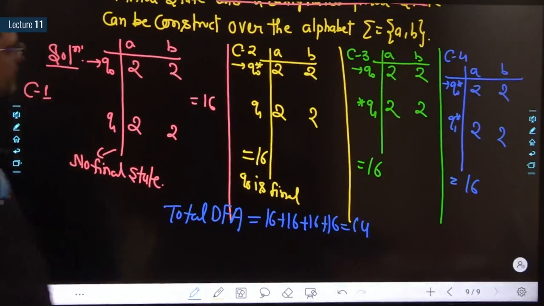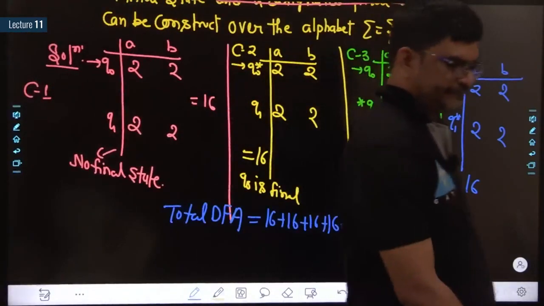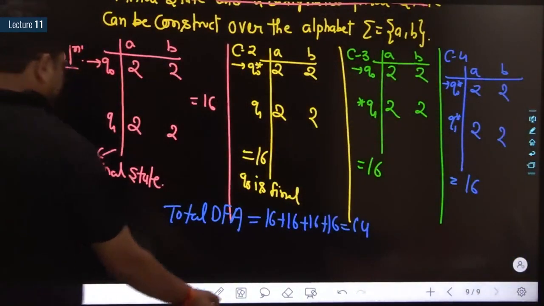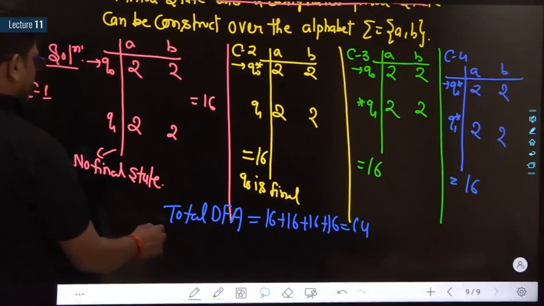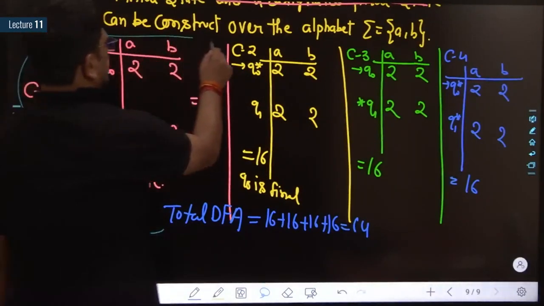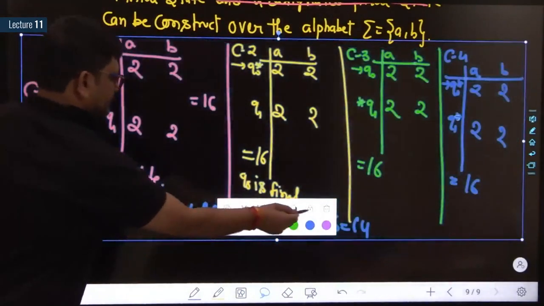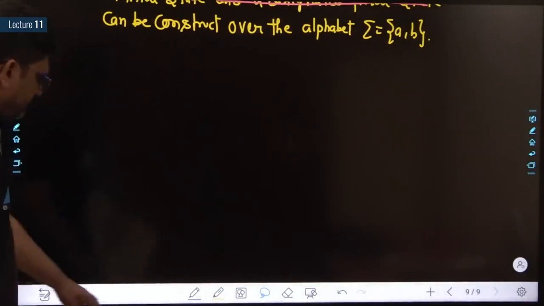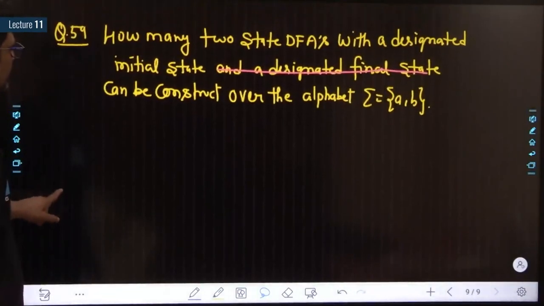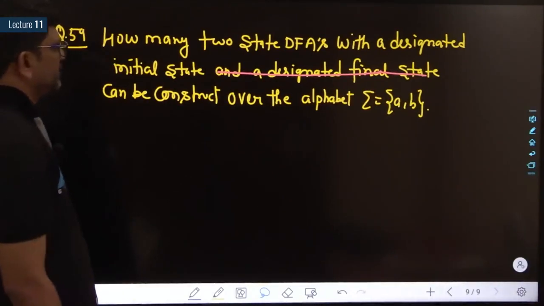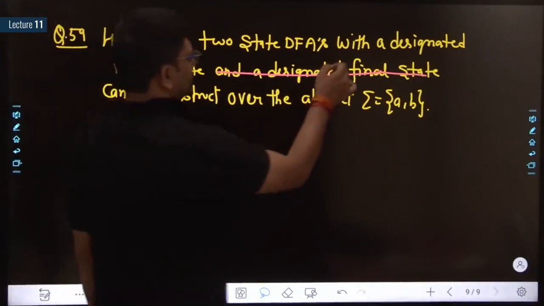Clear? Now, check another type of question. Another condition is involved in this question. How many two-state DFAs can be constructed?